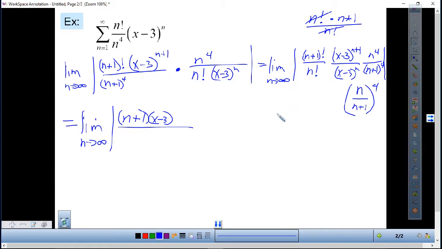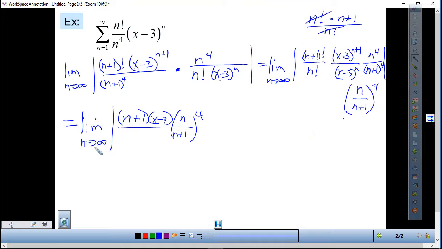It's kind of the reverse of a over b all raised to the fourth power being a to the fourth over b to the fourth. We just use the same property in reverse, and then we've got n over n plus 1, all to the fourth power.